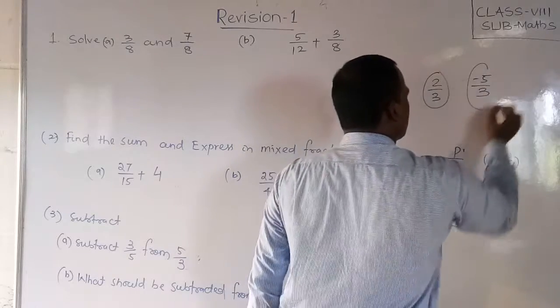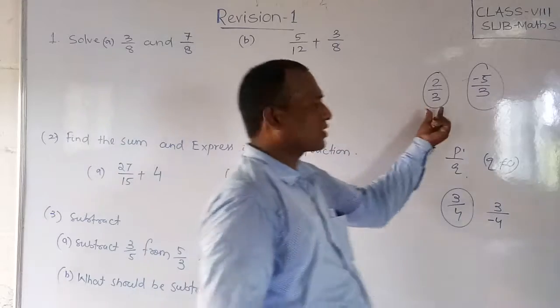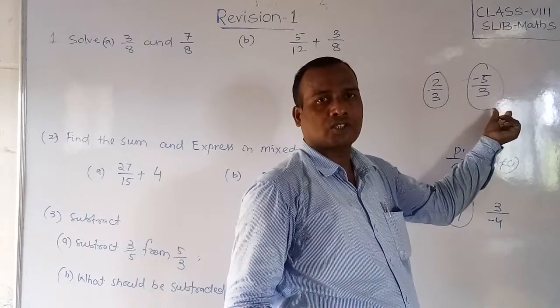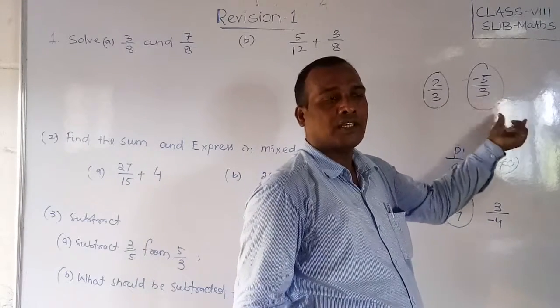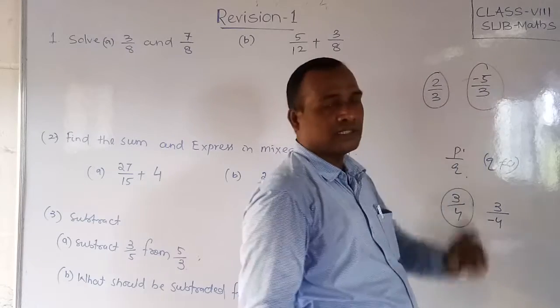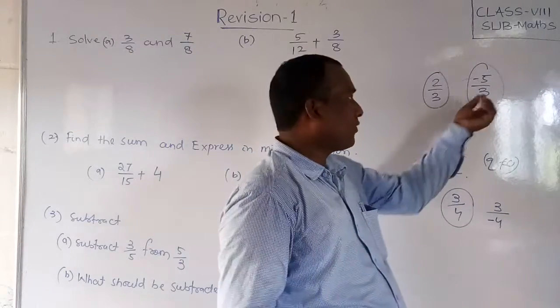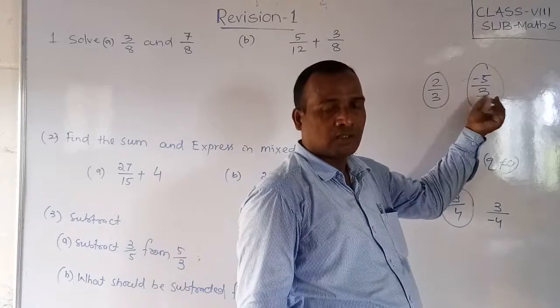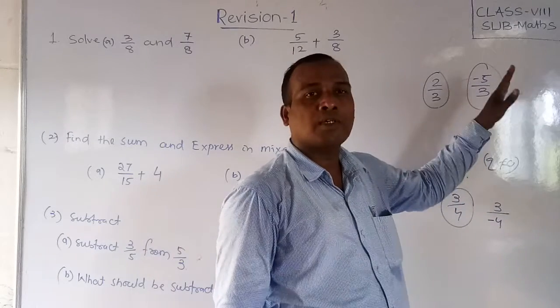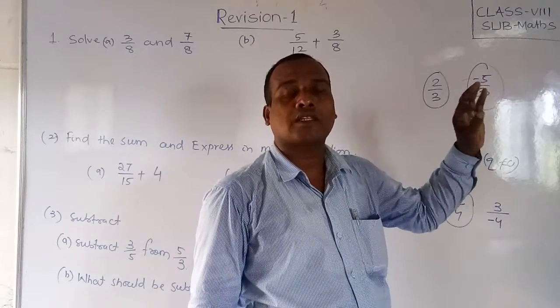In this, what is the difference? This is a fraction. Is that one a fraction or not? It is not a fraction, because the negative sign is there. So if it is not a fraction, this number is called a rational number.